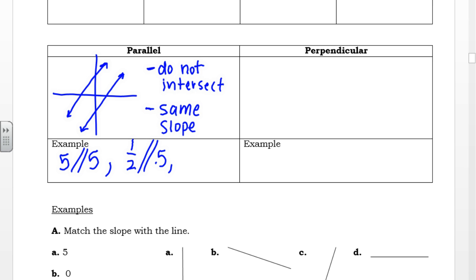And another example might be 4/3 would be parallel to 8/6. If we reduced those, they would be the same number.